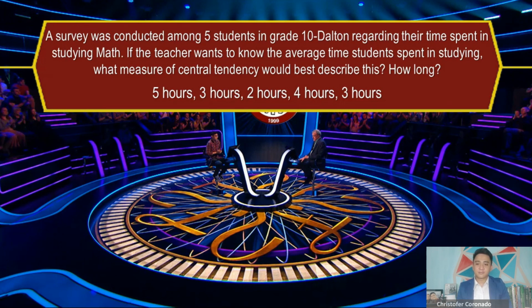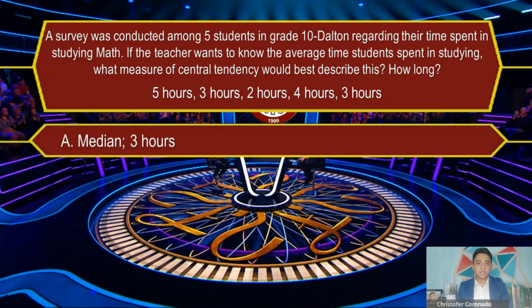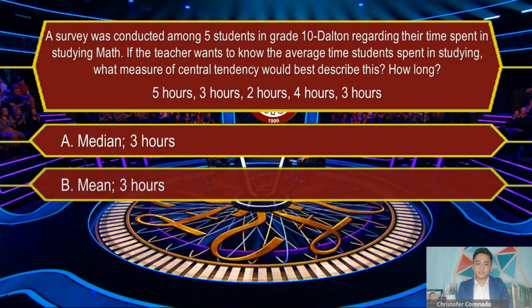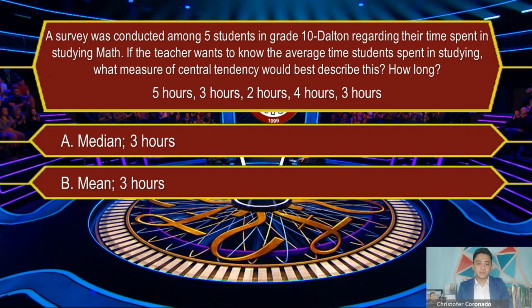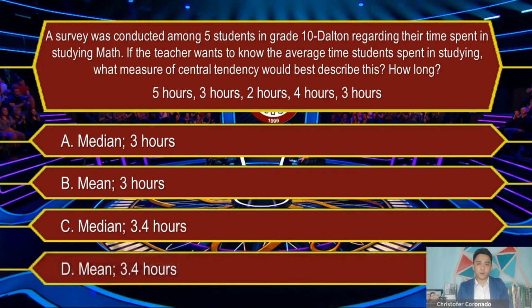Letter A, median, 3 hours. Letter B, mean, 3 hours. Letter C, median, 3.4 hours. Or letter D, mean, 3.4 hours.